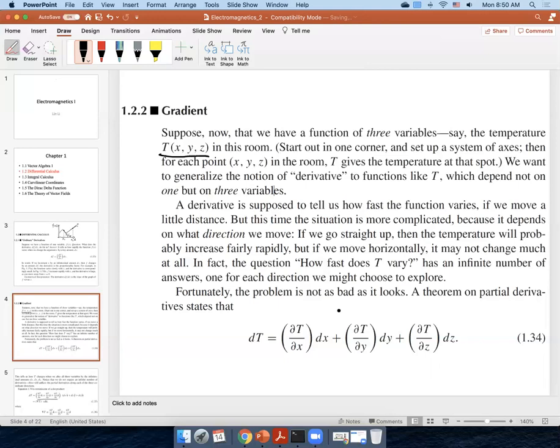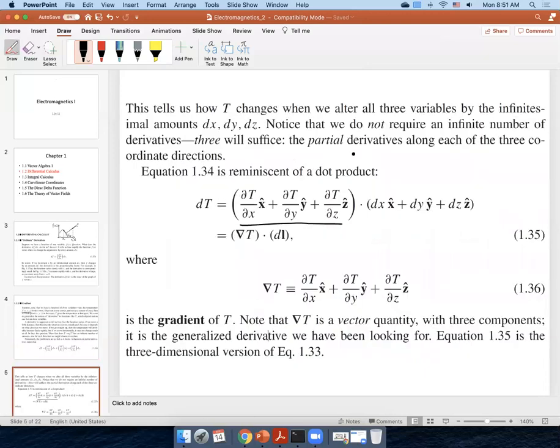So we define dT equals partial T over partial x times dx, plus partial T over partial y times dy, plus partial T over partial z times dz. So this is the definition of the derivative for a multi-dimensional function, for example, three-dimensional functions in x, y, and z.